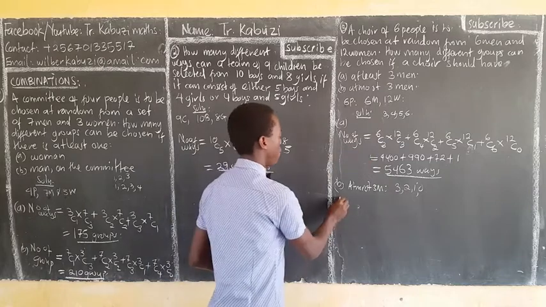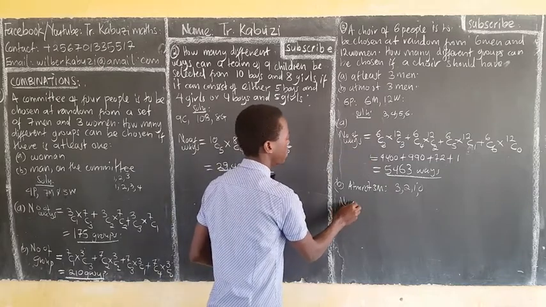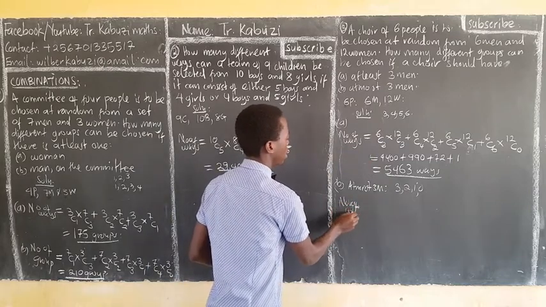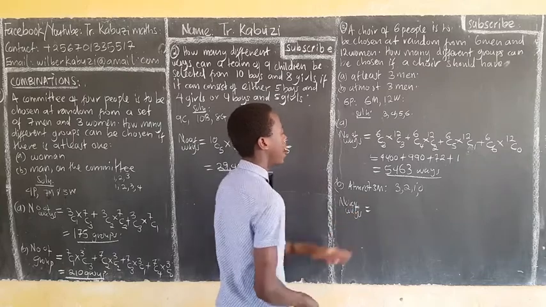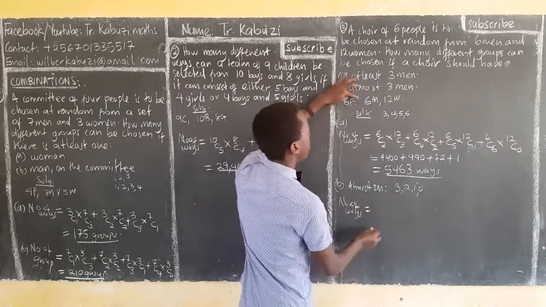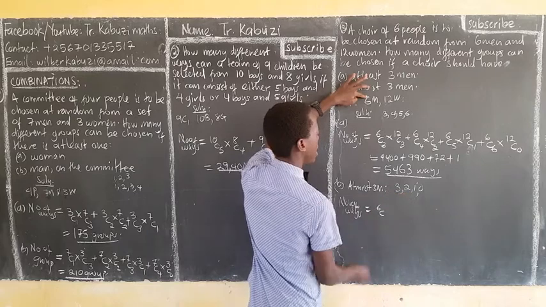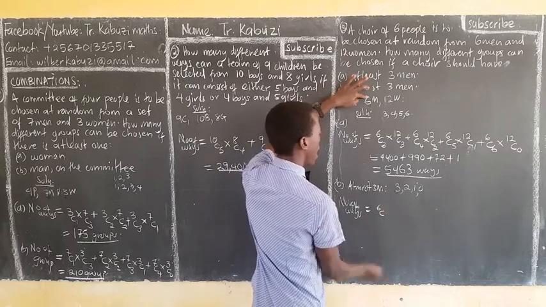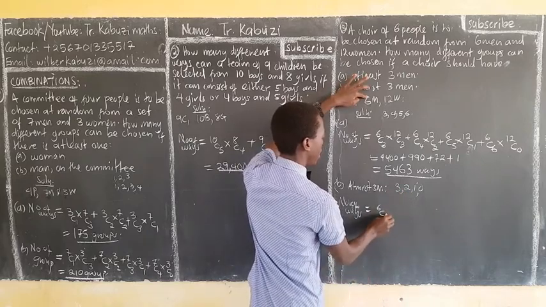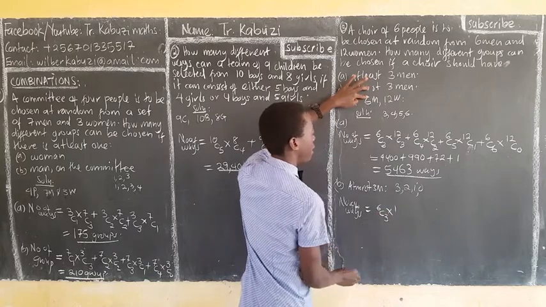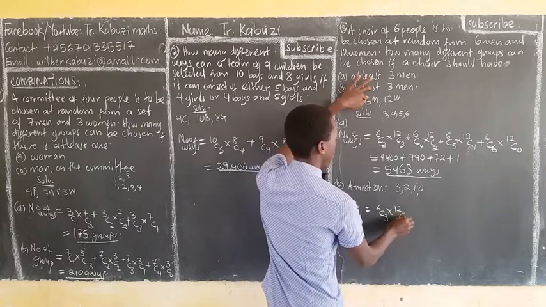So now the number of ways is going to be, I start with, out of the 6 men, I can take now 3. Then the balance, I'll take from the women. 12 combination 3.